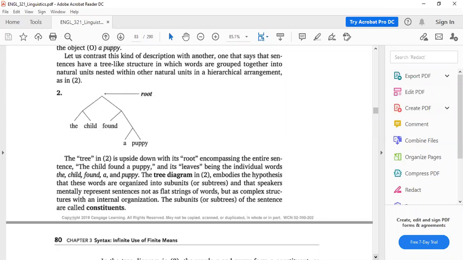Maybe we don't think of this, but technically Chomsky said that the sentence is not stored as a whole unit in our minds or brains. So we don't have ready-made sentences in our brains.